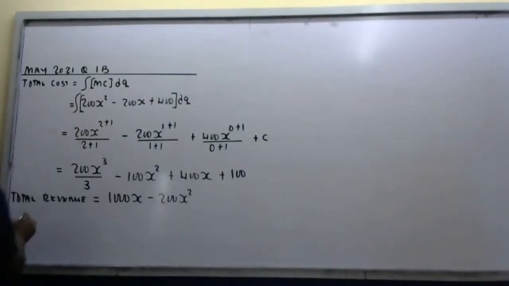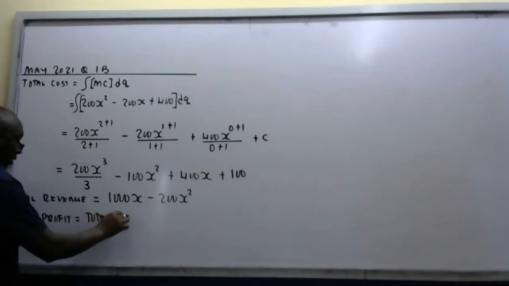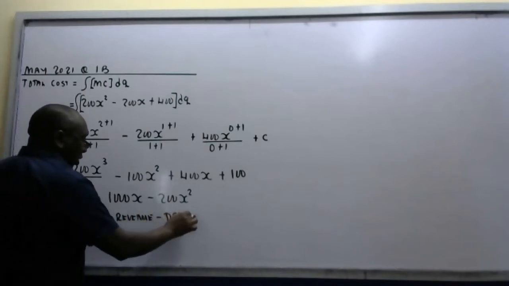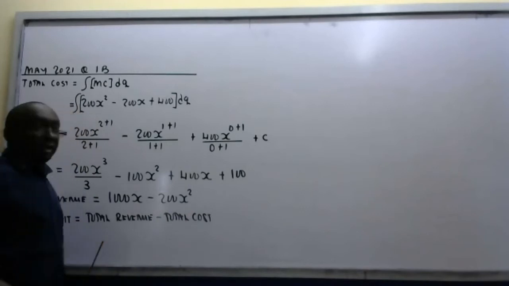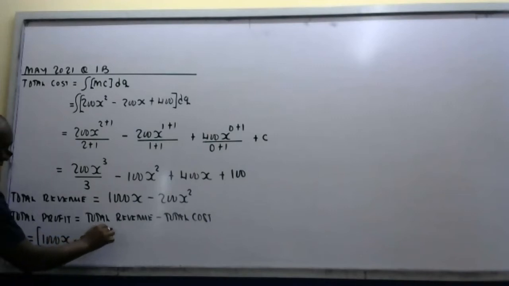Then total profit. We said in the other equation that if you are looking for total profit, it is total revenue minus total cost. So my pi will be, I take this revenue function, 1,000x minus 200x squared.